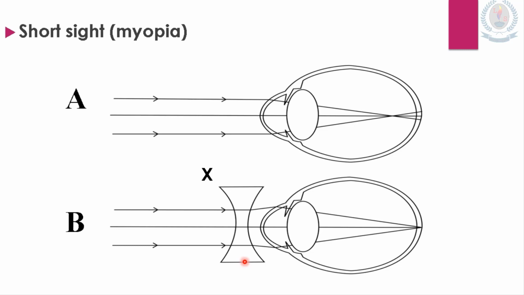The rays from the object diverge through the concave meniscus lens and the eye lens converges them onto the retina. This is retina. Therefore, this eye can see the object clearly.